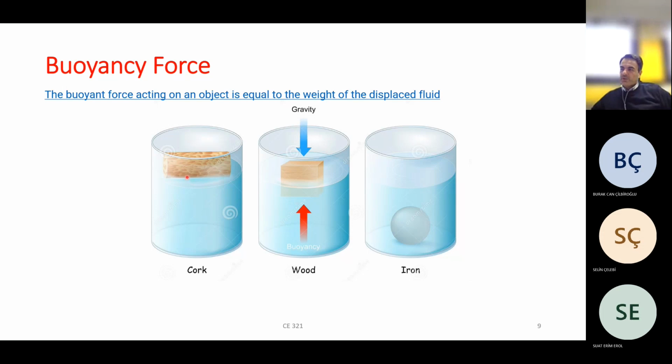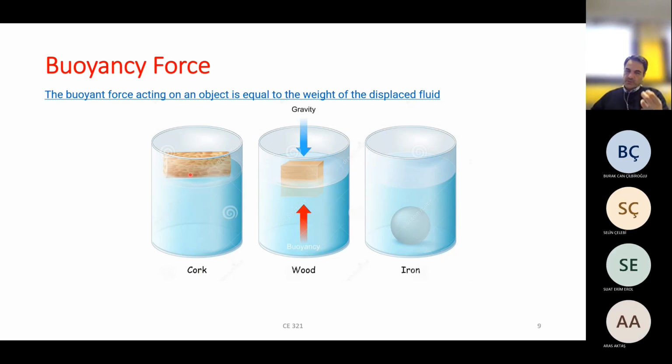In this figure we have a cork. It is floating on the water. Why? Because in this situation weight and buoyancy force are balanced, and the cork is floating because its weight is small. Therefore, it's equal to the buoyancy force.